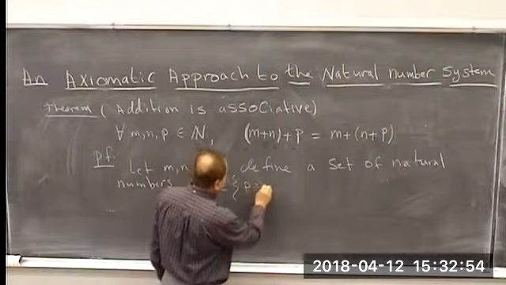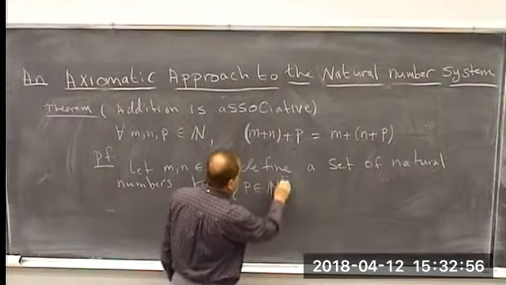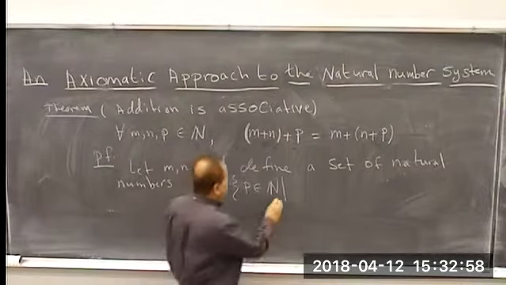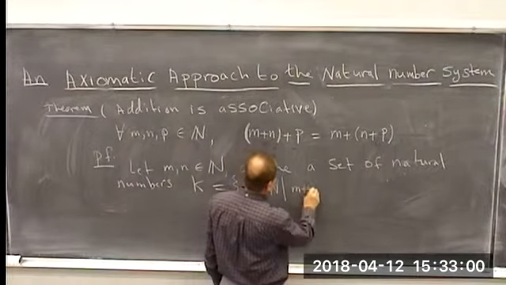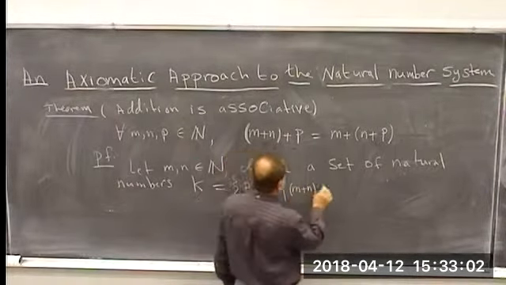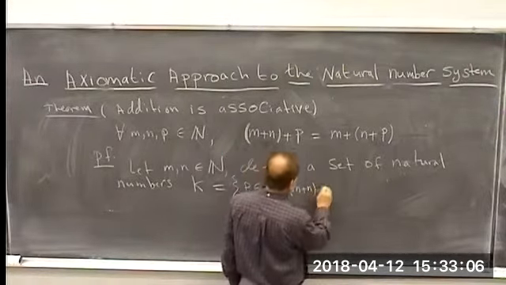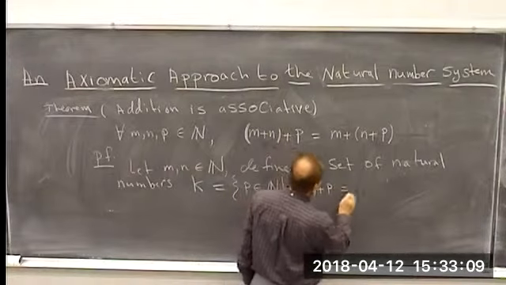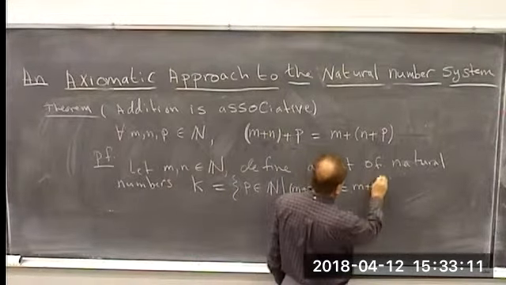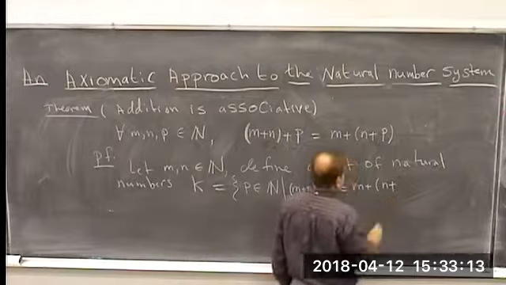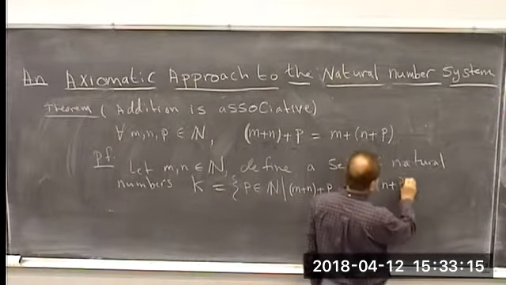This is p such that (m plus n) plus p equals m plus (n plus p). Now remember, these are given, the m and the n, and we define this set to be the set of all p's that satisfy the associative property.